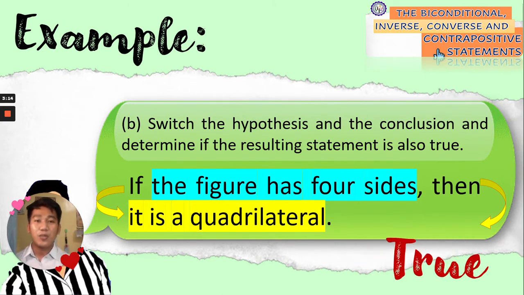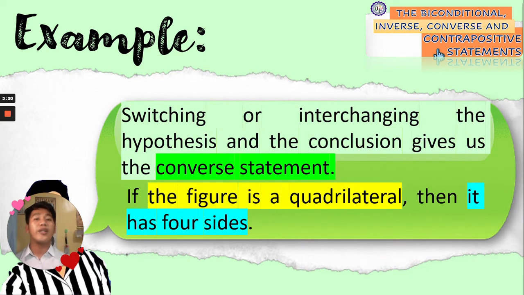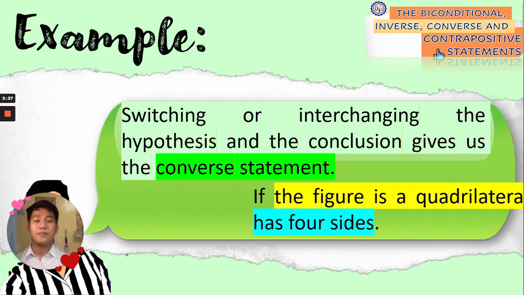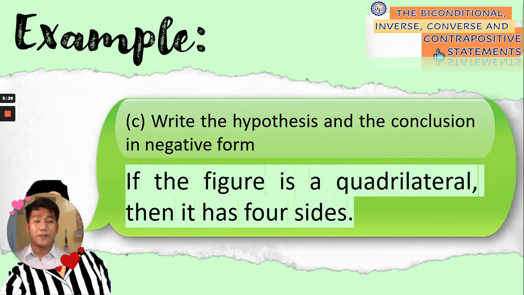Switching or interchanging the hypothesis and conclusion gives us the converse statement. So, this is it. We now have the converse statement. When we talk about converse, we switch or interchange the position of the hypothesis and conclusion. That is the converse statement.